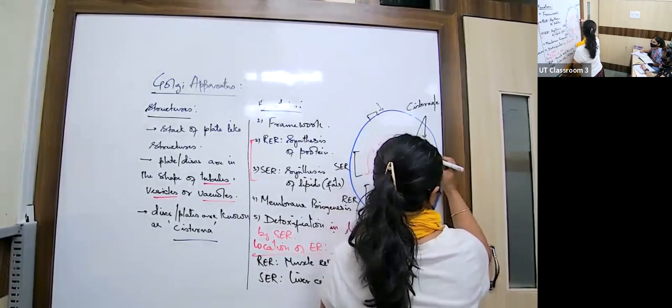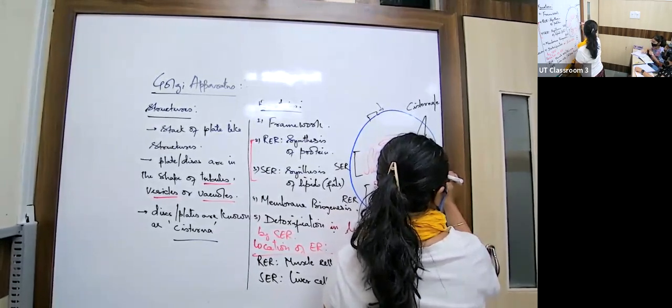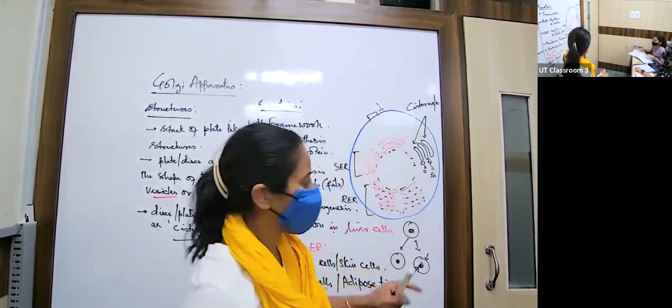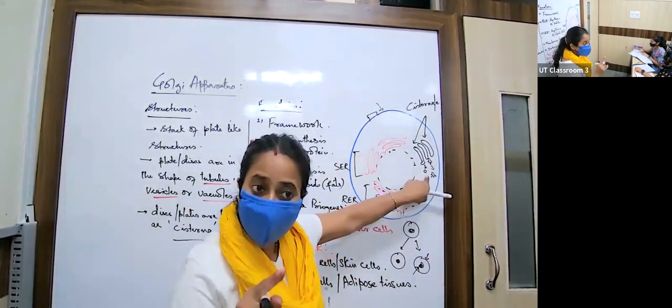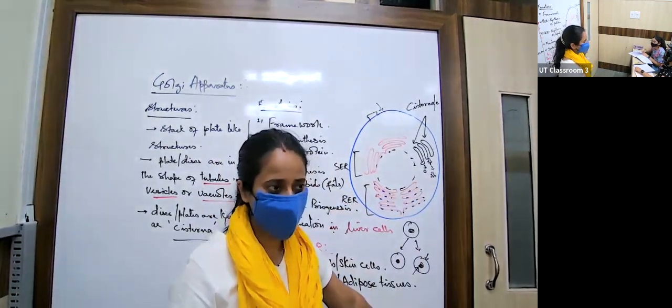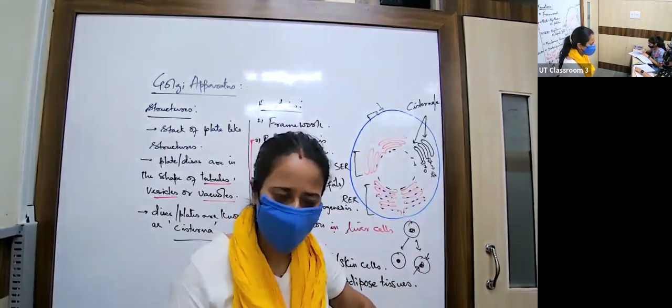But from this, some additional structures may develop, something like small vesicles, or something like tubules. This type of tubular structure may develop from here. But we are going to learn now why such structures develop. We'll come to this. So first of all, what are we learning about the structure?